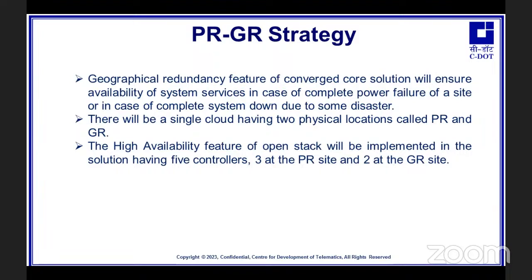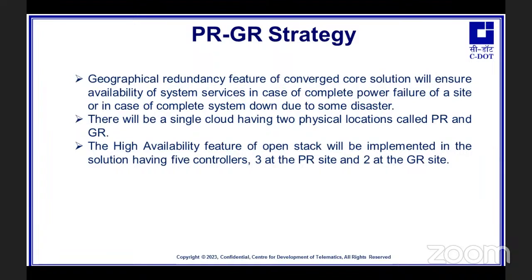Data updation, I think they are DB updation and sync. Mainly data updation is required in the HSS. Normally the main data is kept in the HSS, so the GR HSS will be synced each and every time there is a change in the database of the PR site.